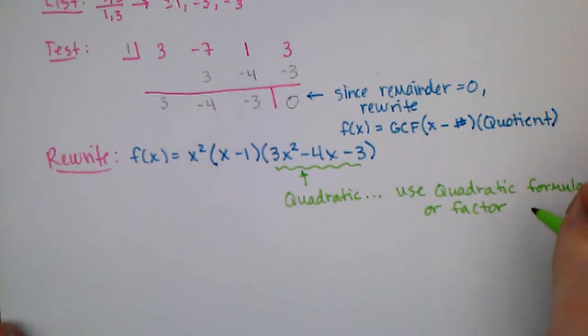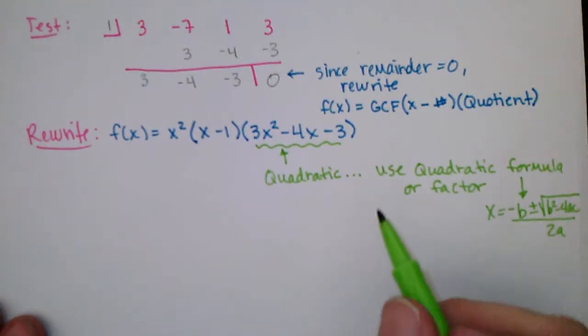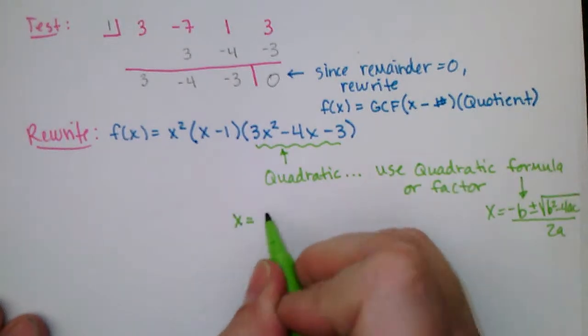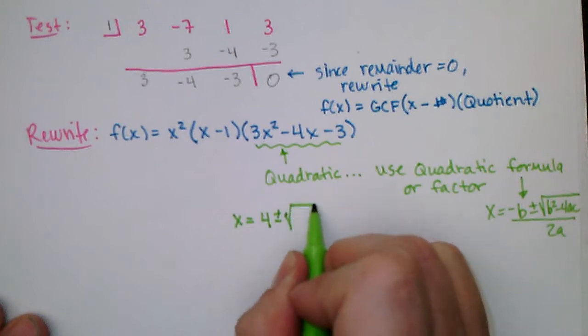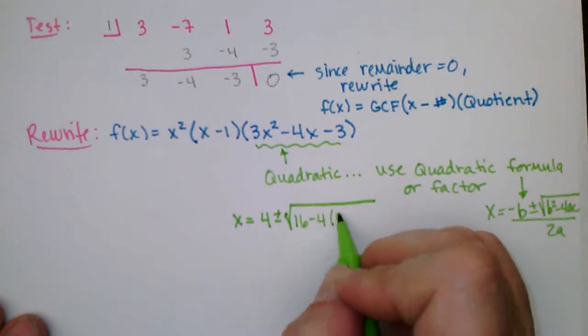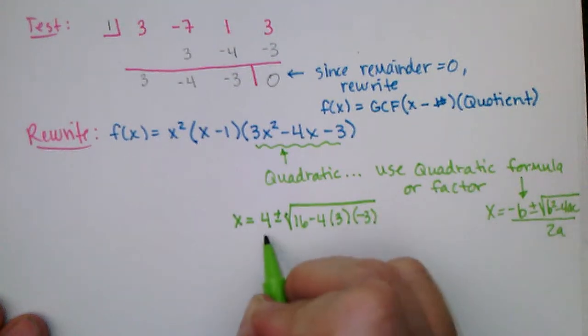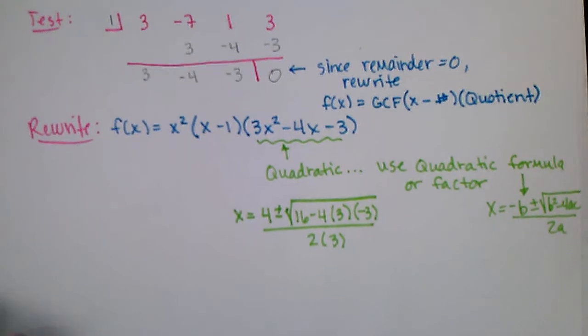So remember quadratic formula was x equals opposite b plus or minus square root of b squared minus 4ac all over 2a. So quadratic formula, x equals opposite of b, so 4, plus or minus square root of b squared, 16, minus 4 times a, which was 3, times c, which was negative 3, over 2 times a, which was 3.